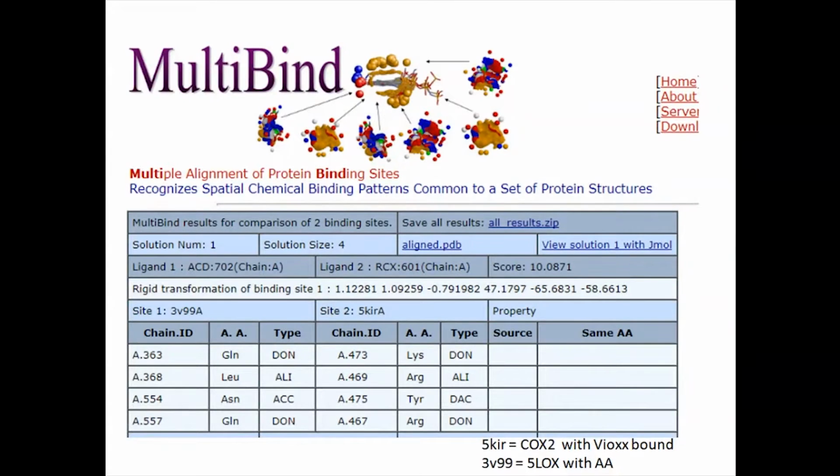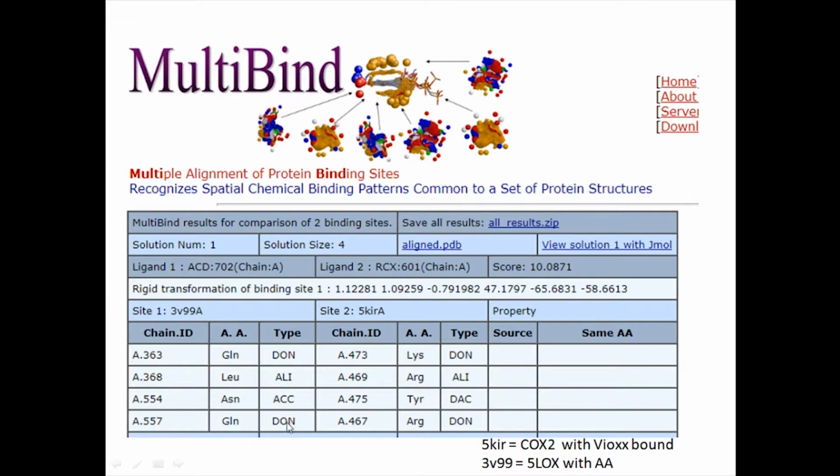You get a result like this. The two proteins are 3V99, the 5-lipoxygenase protein, and 5KIR, a cyclooxygenase protein which has Vioxx bound to it, while 3V99 has arachidonic acid. These two protein active sites are being compared: hydrogen bond donors, aliphatic, acceptors.